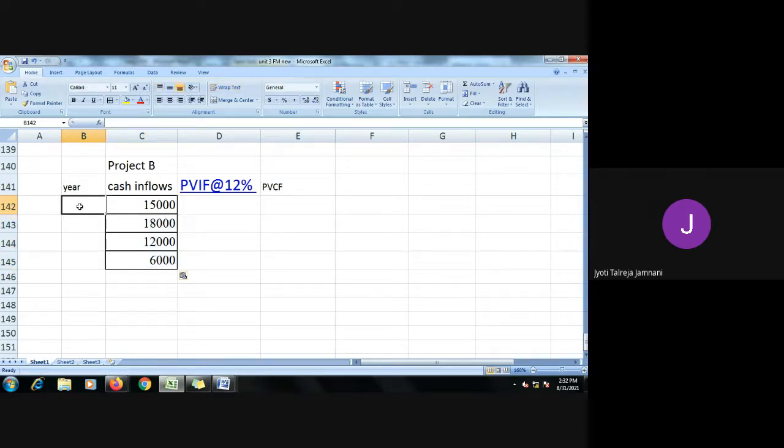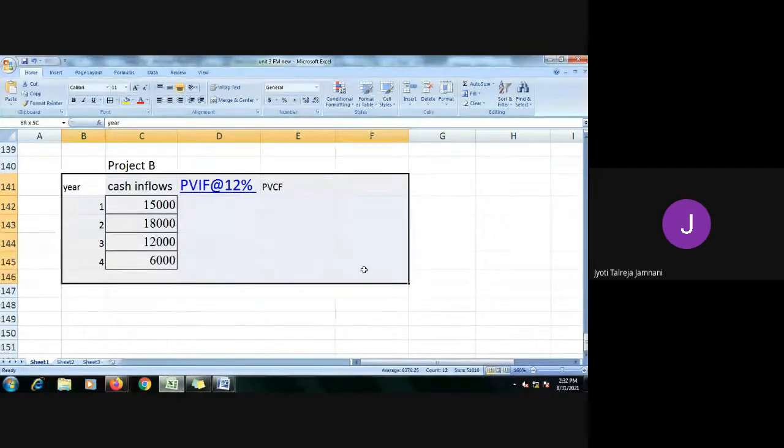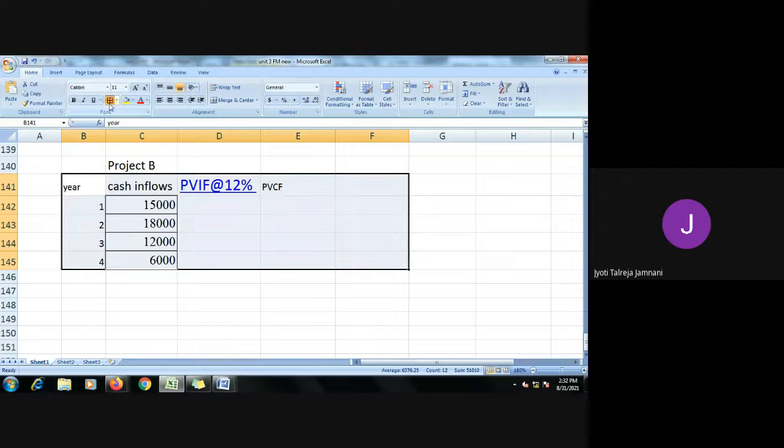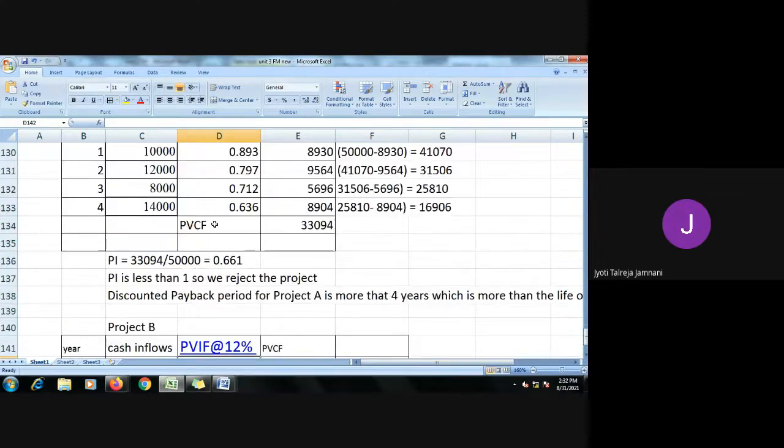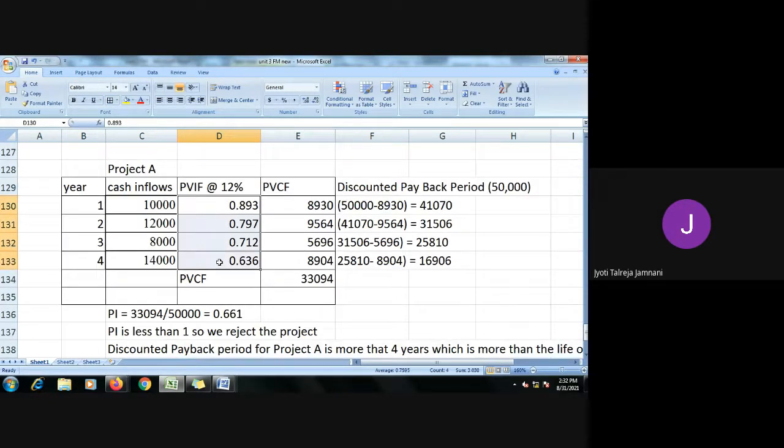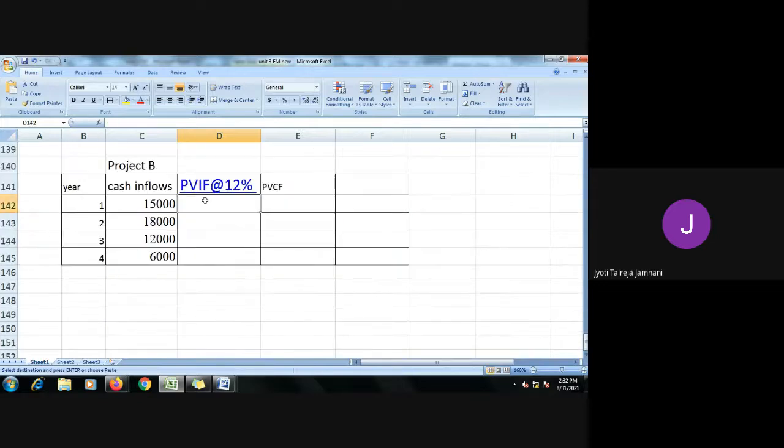So second year also, that is, project B has 4 years. Present value interest factor is again 12%. So we have the 12% rates above. We'll just take those. Present value cash flows: 15,000 into 0.893, we'll get the present value cash flow 13,393.